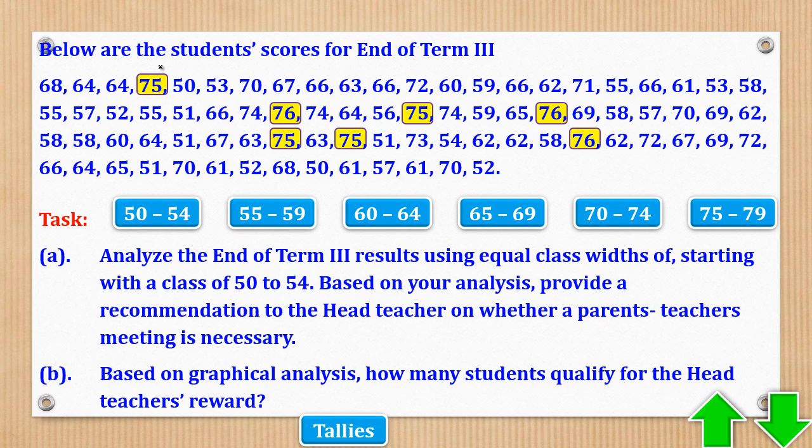So 75 to 79: 1, 2, 3, 4, 5, 6, 7. So we shall come and make tallies of 7.